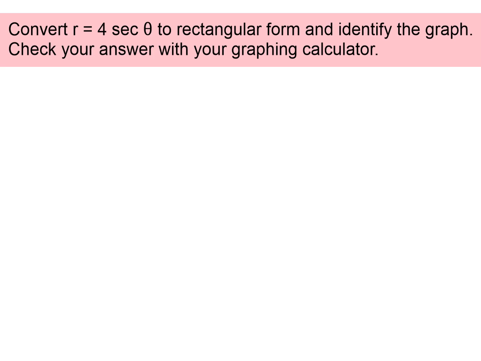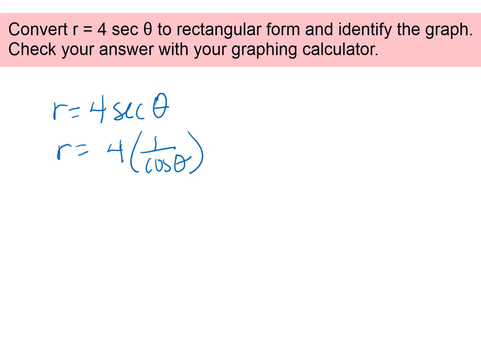All right, so we have our equation. R equals 4 secant theta. And immediately my brain kind of freaks out because I see secant. But remember, secant is just 1 over cosine. So I can make that 4 times 1 over cosine. And then that looks weird to me, so I'm just going to write that as 4 over cosine theta.